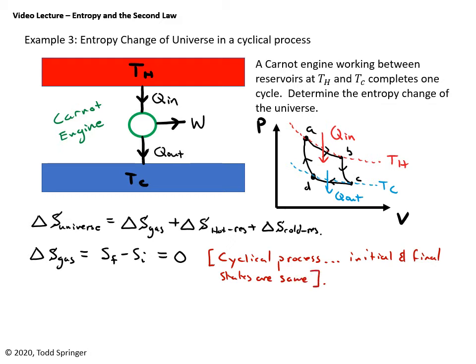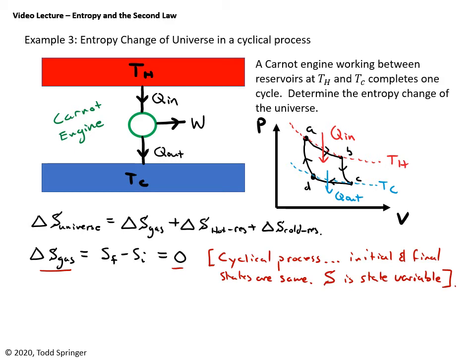Actually, no matter what kind of engine I have, even if it's not a Carnot engine, any kind of process which starts and ends at the same point will have delta S equal to 0. That's because S is a state variable. So as long as I start and end at the same place, delta S will be 0.